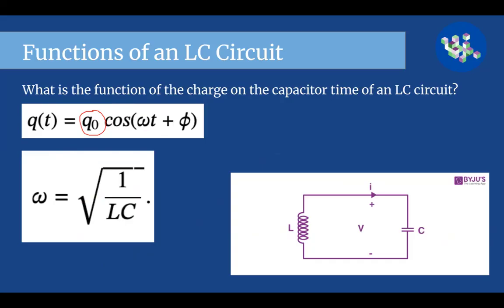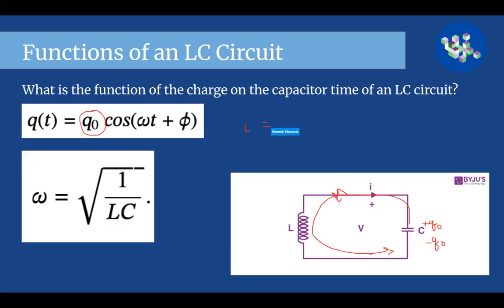If we started with a charge of q naught and no current, say with a switch, and then we flip the switch, we would get a current flowing, and this current would oscillate.